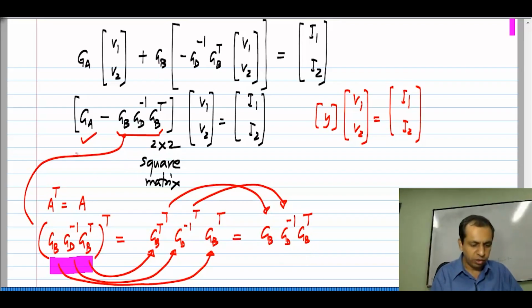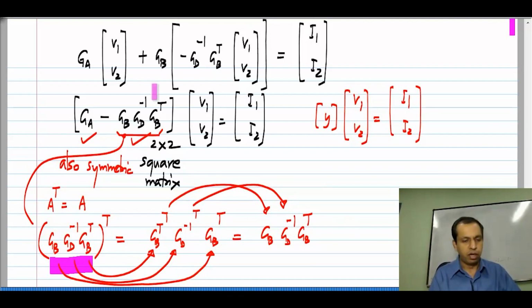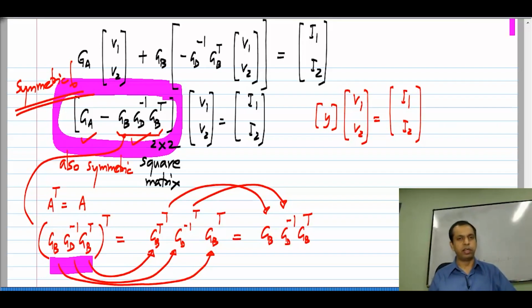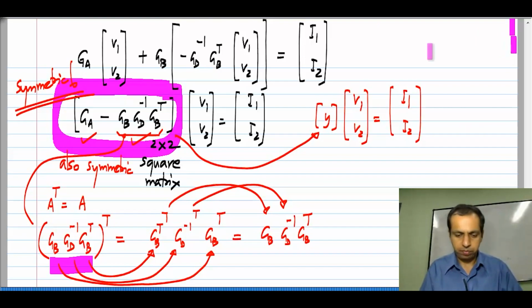So this is also symmetric. And now, we have the difference between two symmetric matrices, so that also is symmetric. So we have proved the symmetry of this whole thing, and that is nothing but the Y matrix of our circuit. That is symmetric, which means that the two-port network is reciprocal.